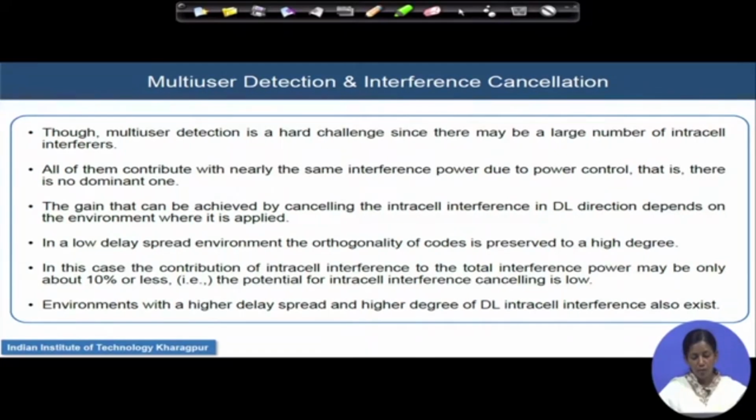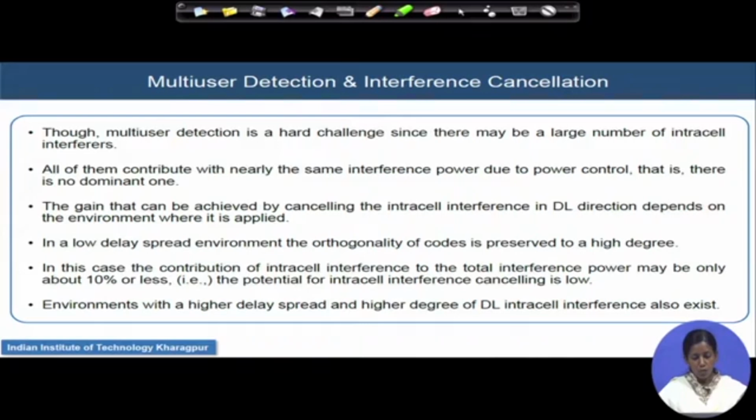So, it is a really hard challenge. And although we know the codes, they are not supposed to be in perfect synchronization. So, the synchronization effect is also there. So, though the idea seems to be implementable, in a practical sense it is really hard to implement in view of all these issues.